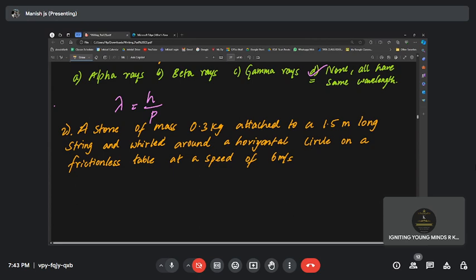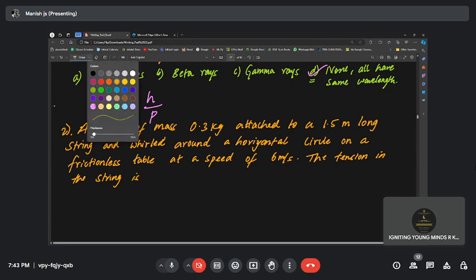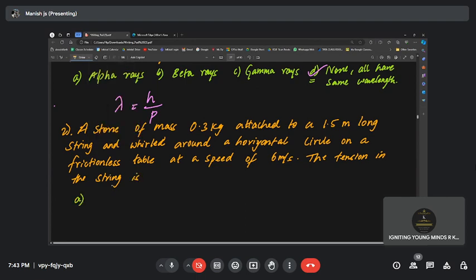The tension in the string is... I'm giving you the options. Here we go. Option A, 10 newtons. Option B is 20. Option C is 7.2. And option D is none of these.